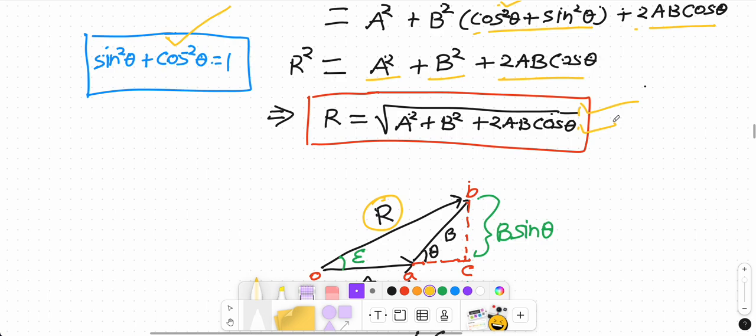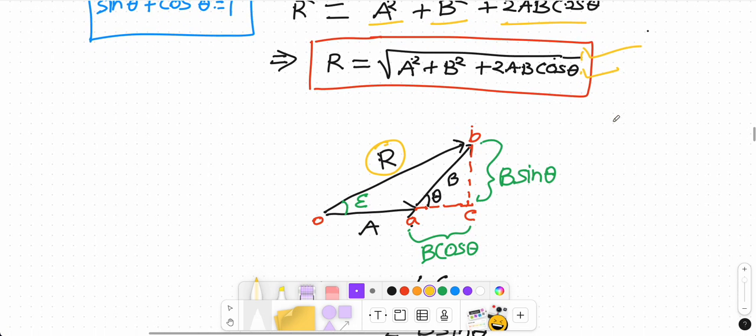But is it all? See, a vector has magnitude as well as direction. Now we found magnitude R. What about the direction of the resultant? Let me say the resultant is making an angle epsilon with the A vector.